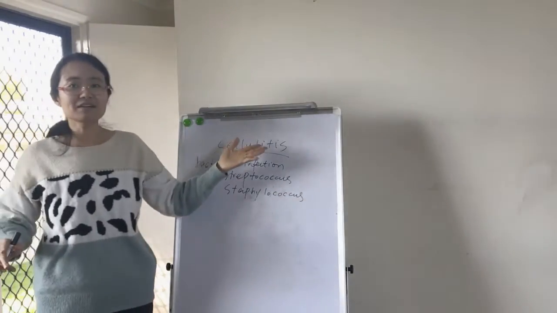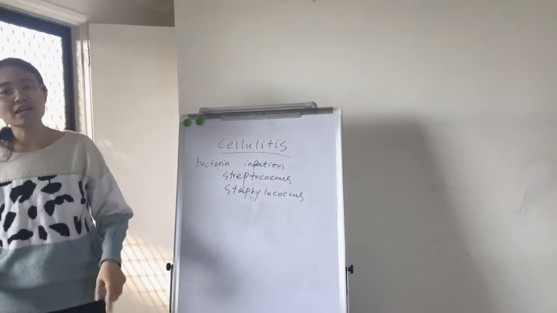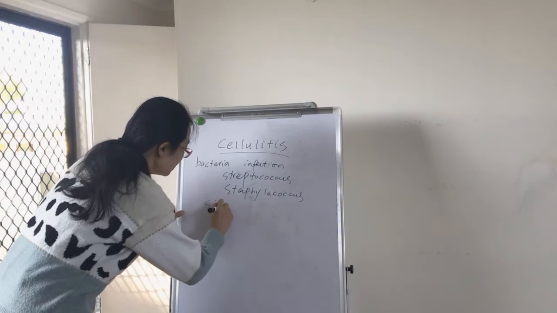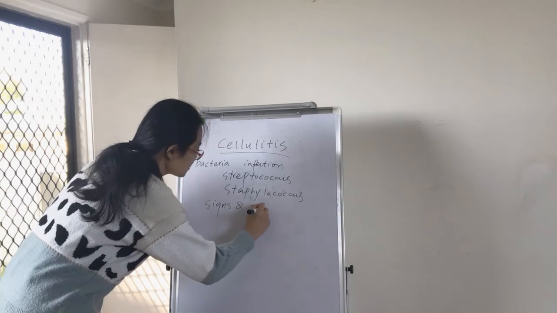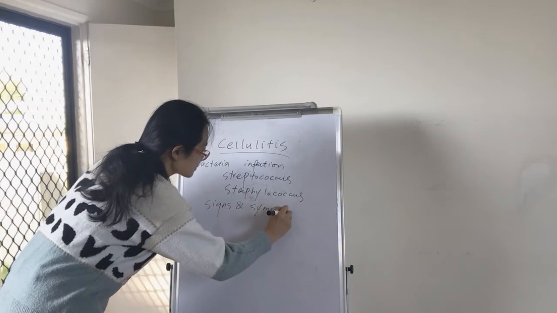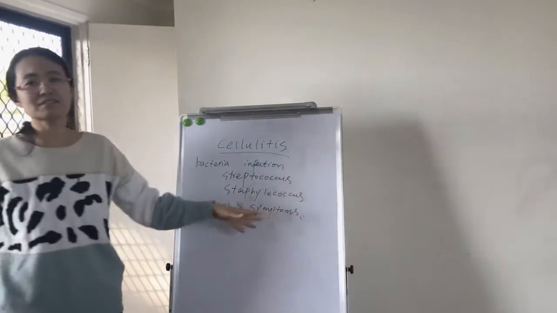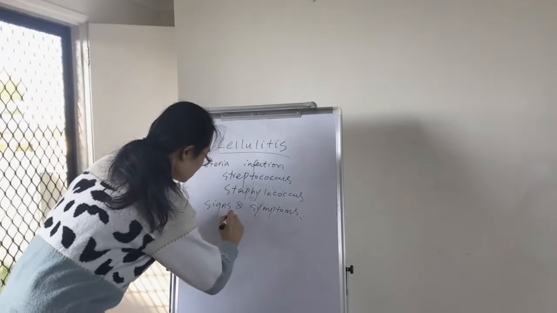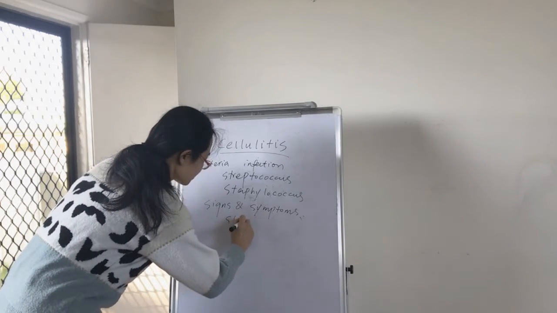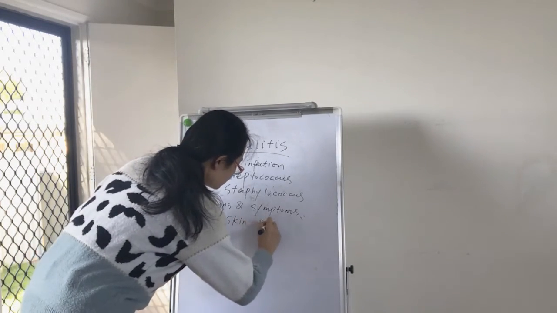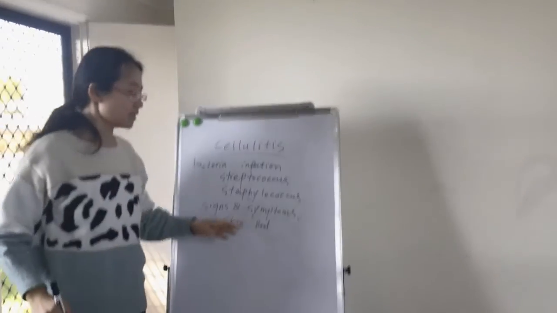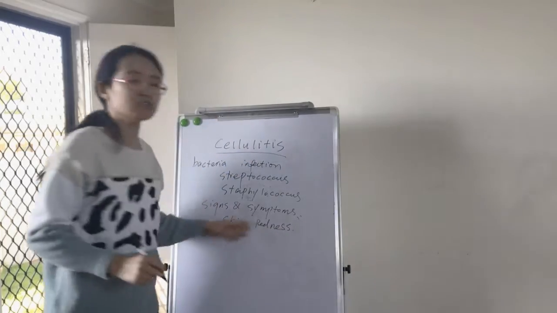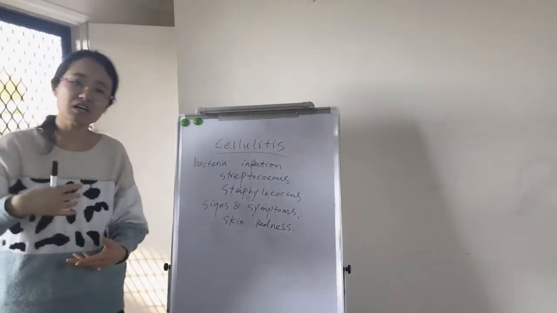Now, when there is an infection of the lower legs, what are the signs and symptoms? The first sign is that the leg could become really red. So the skin becomes red, and also the temperature of the skin will increase.